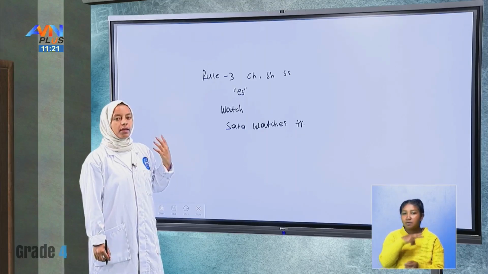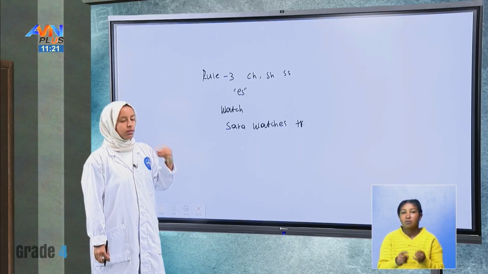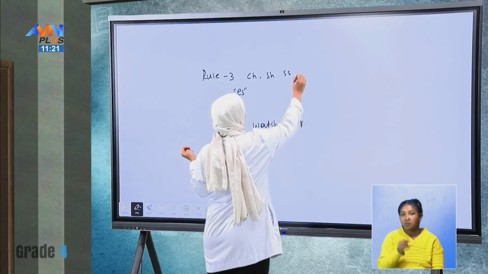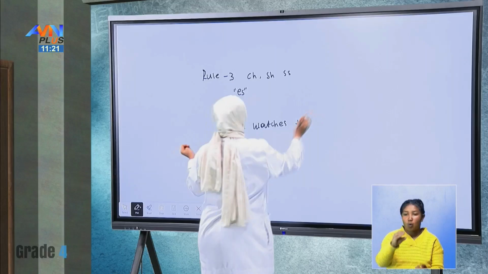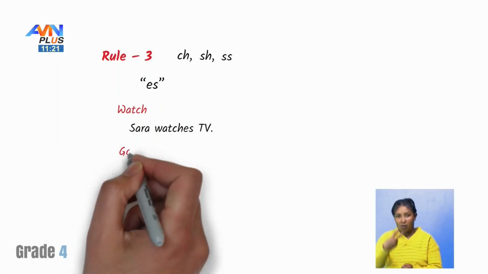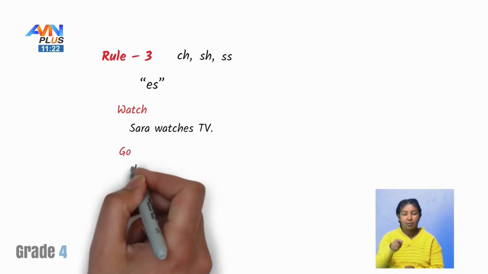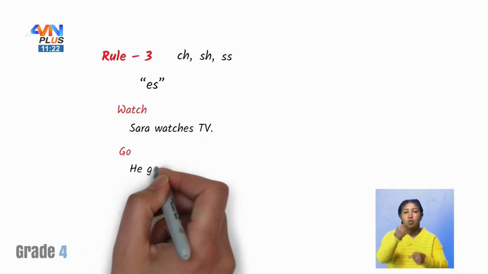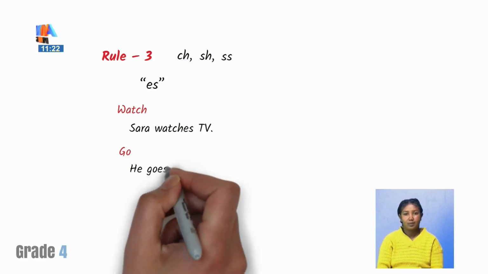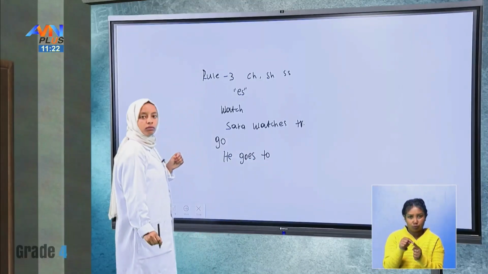And also some verbs ending also with vowel letters, like we can mention, for example, here, go. For example, here, let us write here, go. He goes to church, maybe.